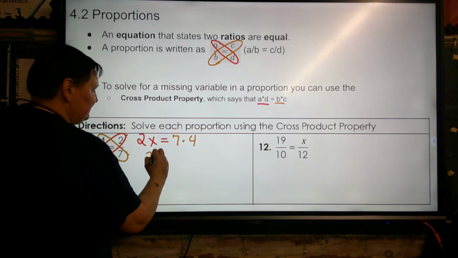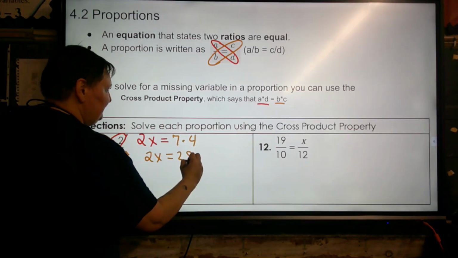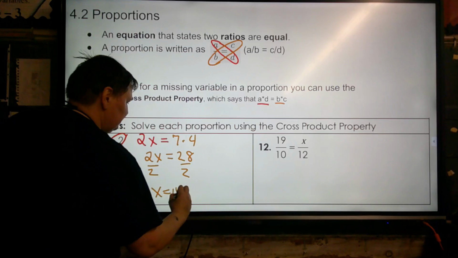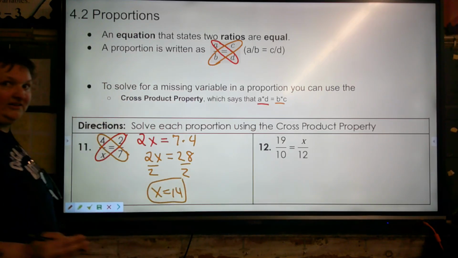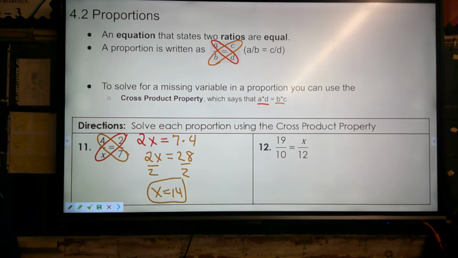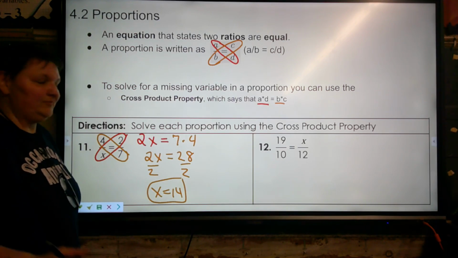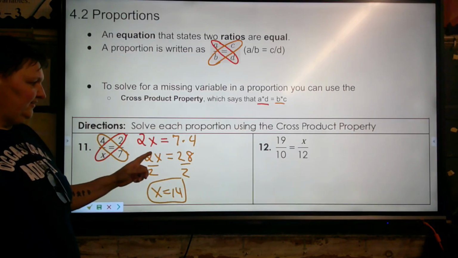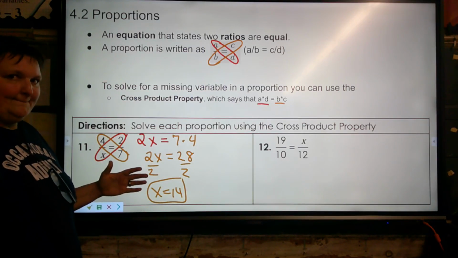Right? 2x equals 28. Divide by 2. x equals 14. That's literally it. Of course, it's going to get more complicated, but literally that's the process. Cross multiply, solve for the missing variable. Period.